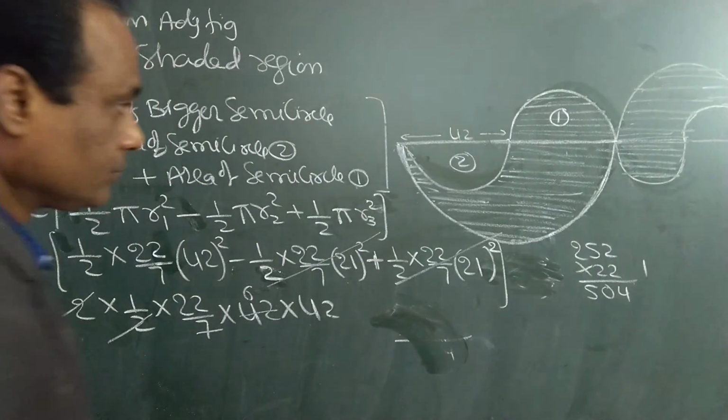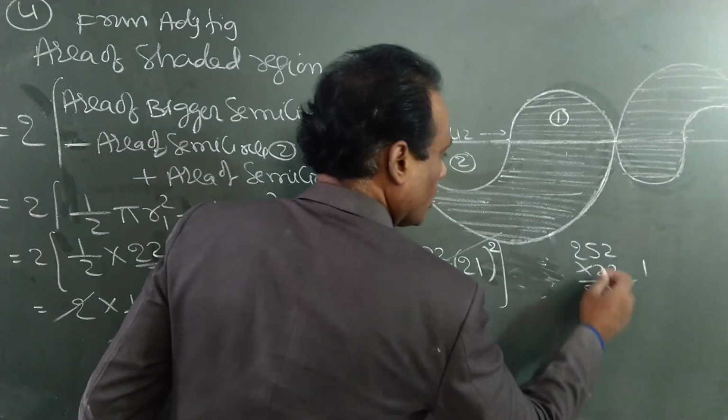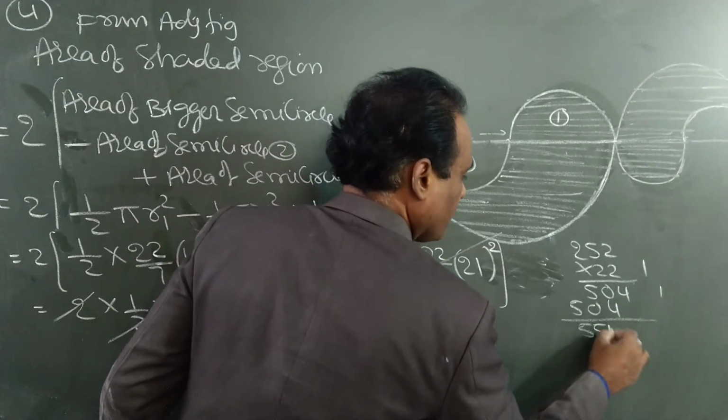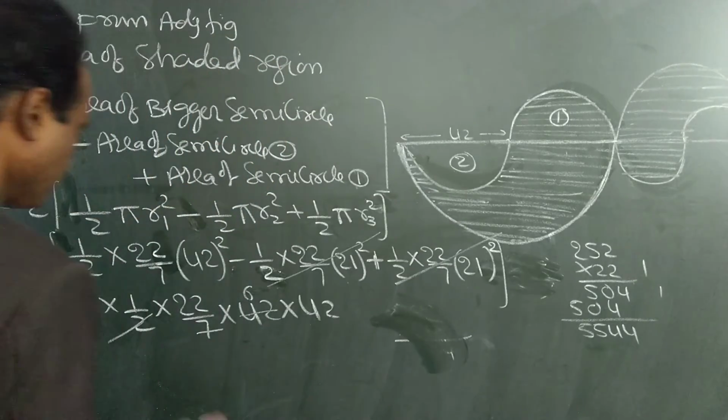Next, 2 2s are 4, 2 5s are 10, 2 2s are 4, 5. 5 5 4 4. That's all.